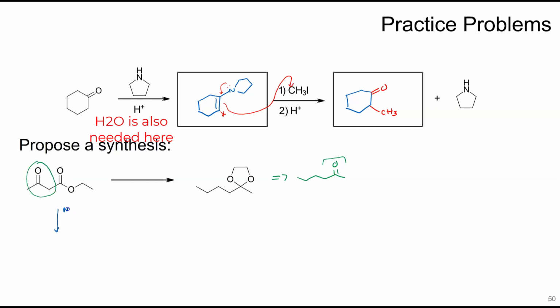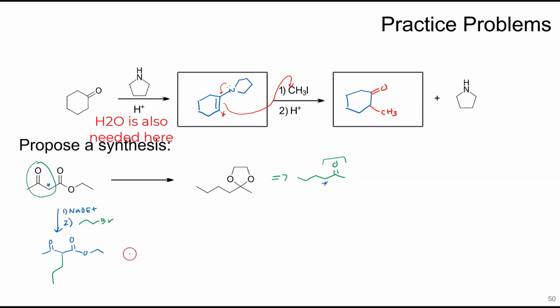So I'm going to use a base to deprotonate that alpha position. And in the process, I need to add, if this is the alpha carbon here, 1, 2, 3 carbons. So I've added my 3 carbons.